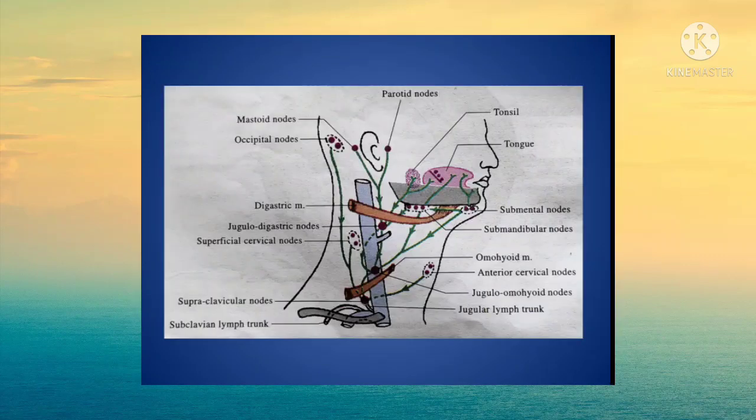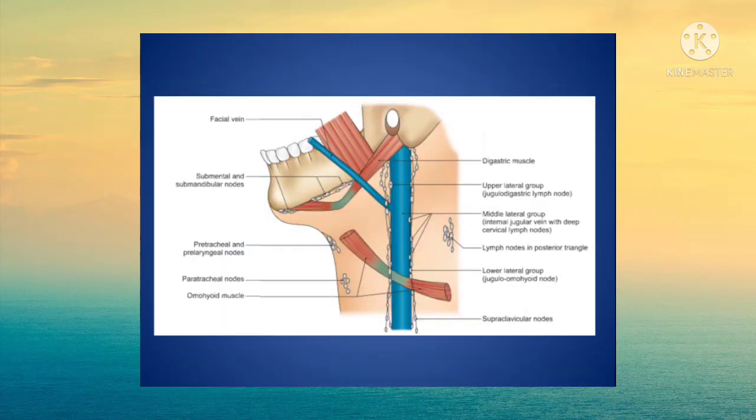The jugulo-digastric group receives afferents primarily from the palatine tonsil and from the posterior one-third of the tongue. Its efferents drain into the lower group of deep cervical nodes. The jugulo-digastric nodes act as principal nodes of the palatine tonsils. Some members of the upper group are continuous with the retropharyngeal lymph nodes.